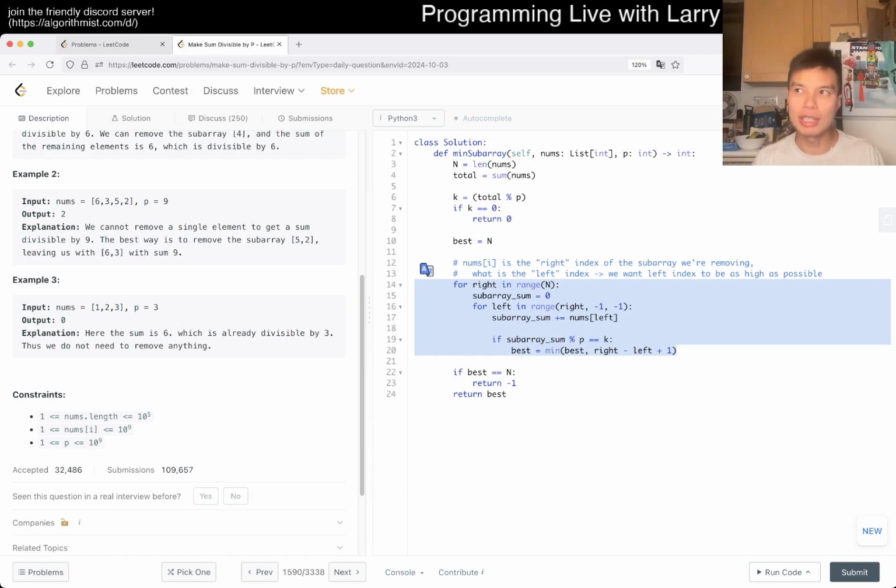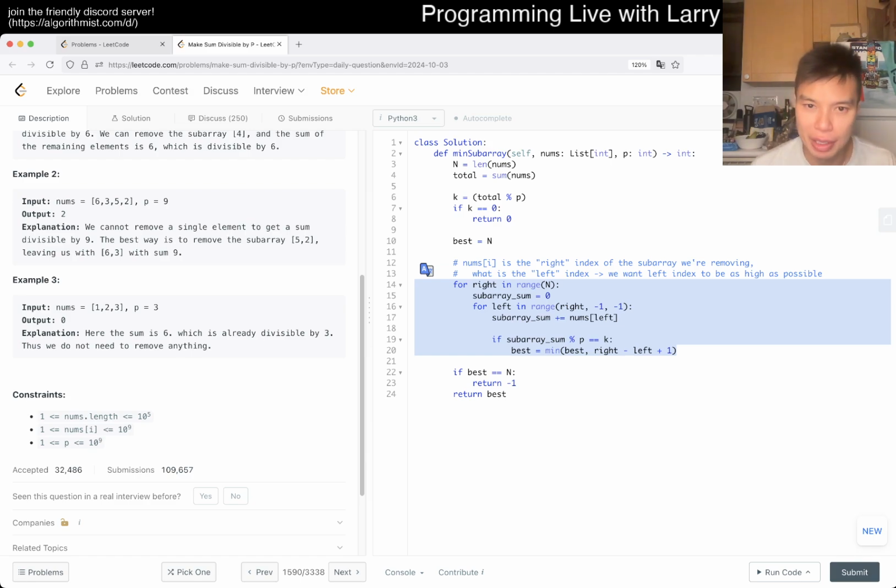And then the idea is, okay, how do we figure out how to optimize for this, right? And the answer is with prefix sum, as we talked about.